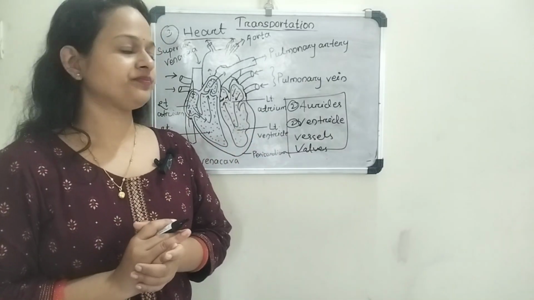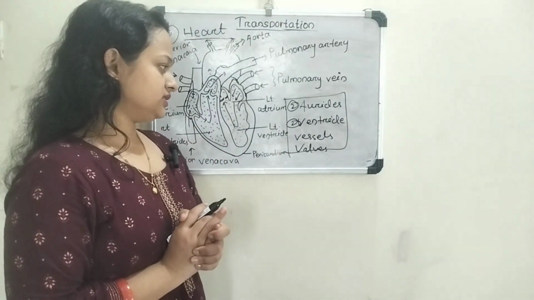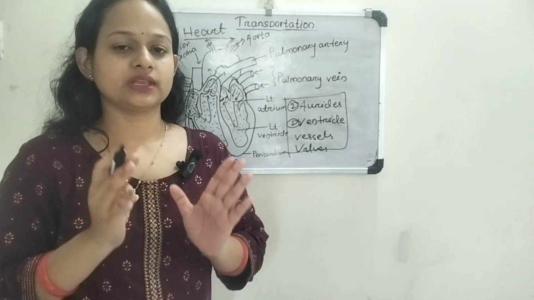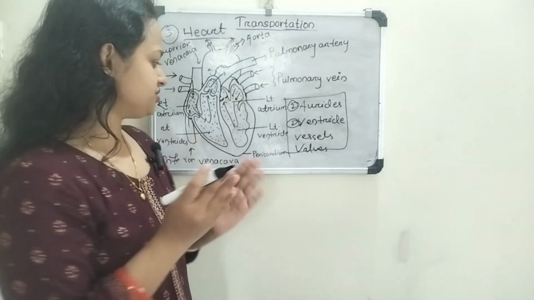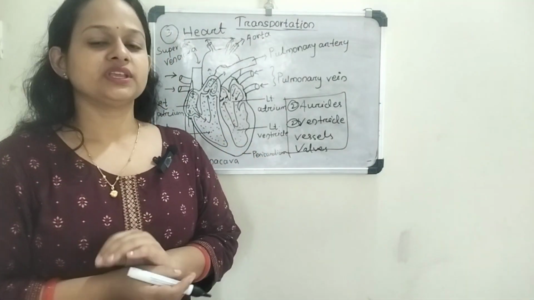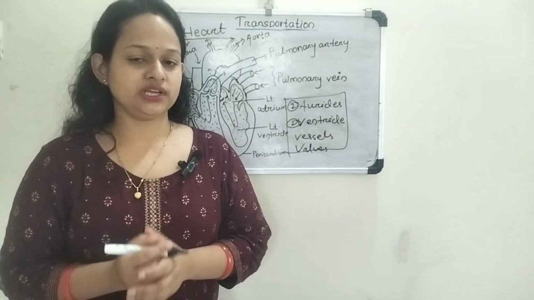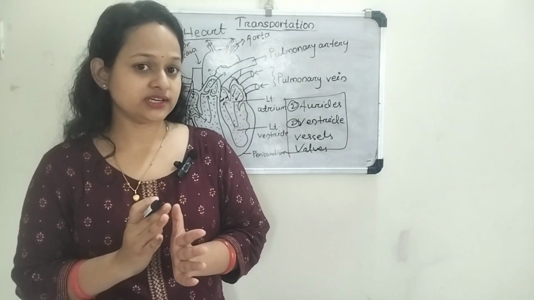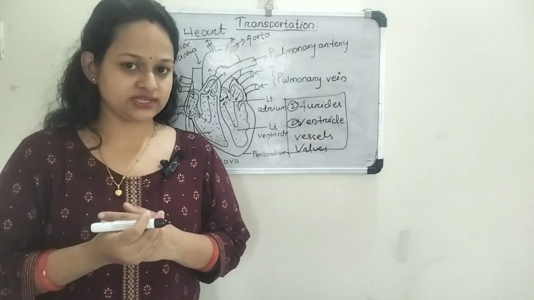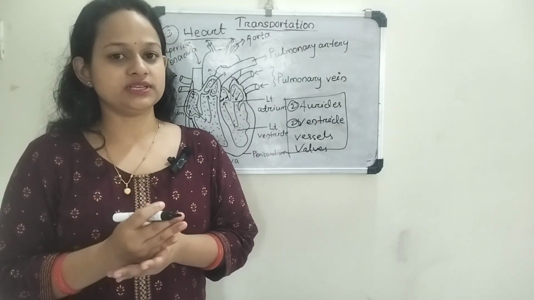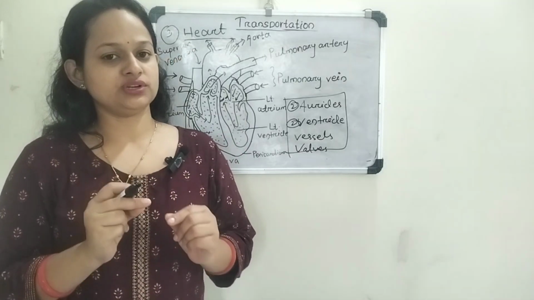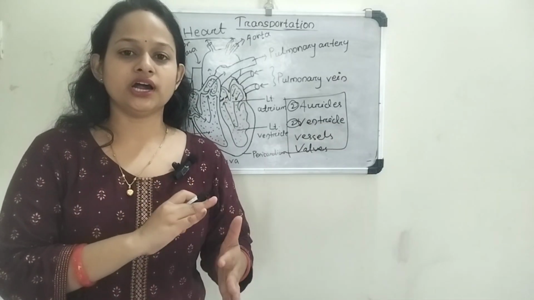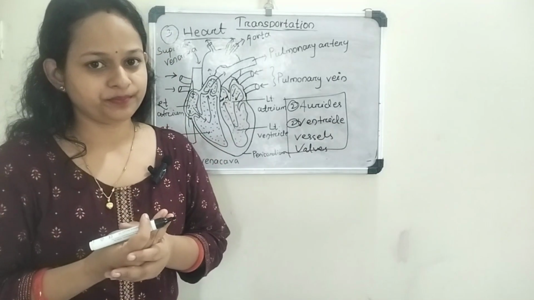The heart is surrounded by a covering known as the pericardium. The pericardium has two layers, with a space between them known as the pericardial space. Inside it is a fluid known as pericardial fluid, which protects the heart from mechanical injuries.